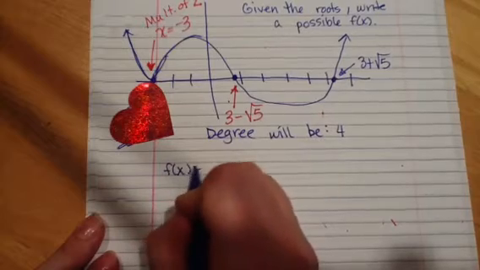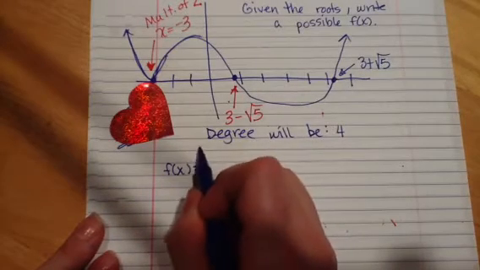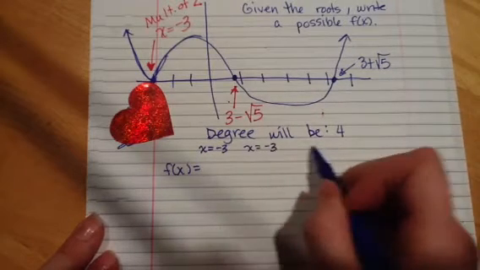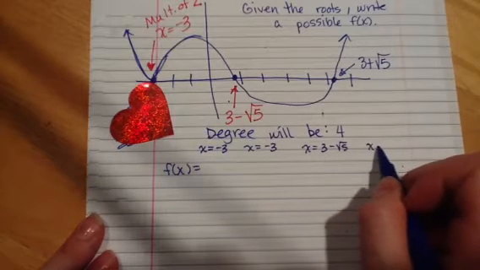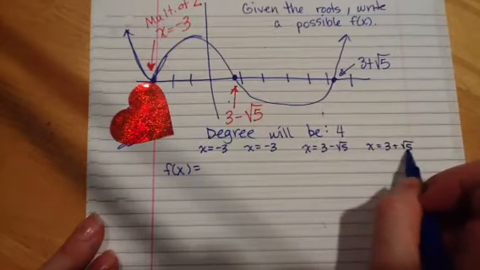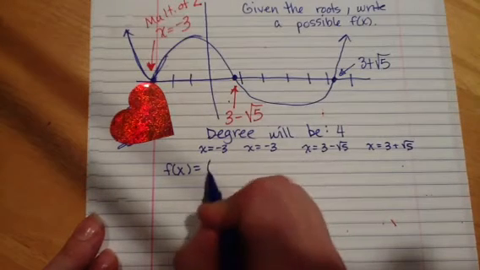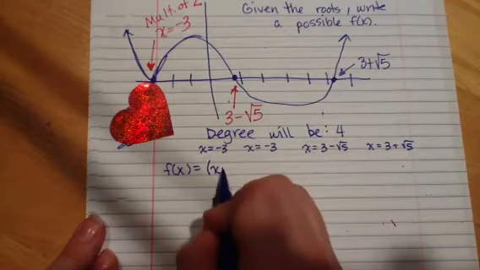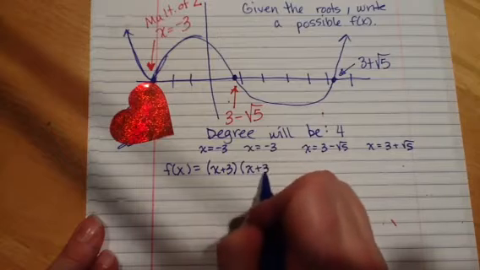So I'm going to start listing my roots. I have x equals -3, x equals -3, x equals 3 minus square root of 5, and x equals 3 plus square root of 5. I want to convert those into factors. Remember, I do that by moving that number over. So I'll add 3 over to that side, and I get x plus 3. I'll add the 3 over, I get x plus 3.